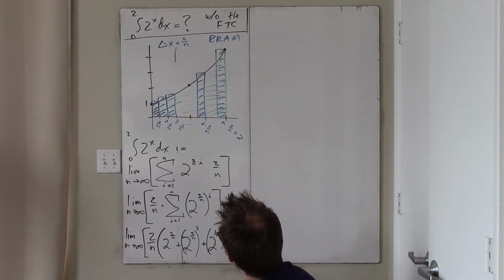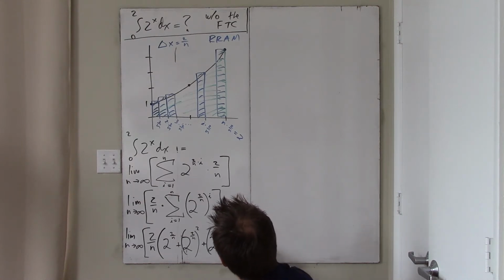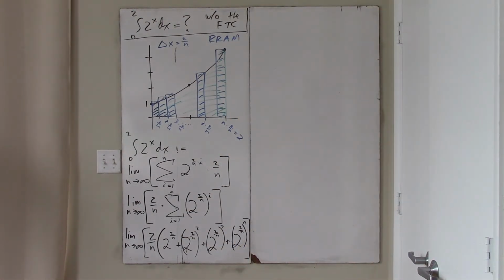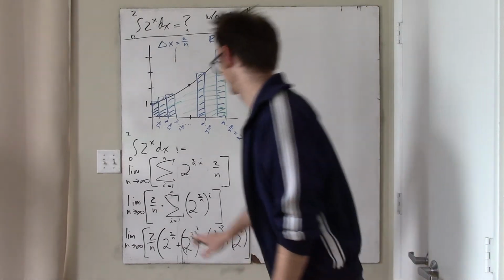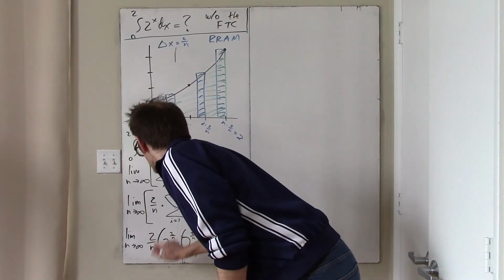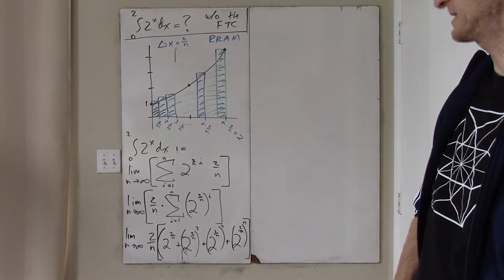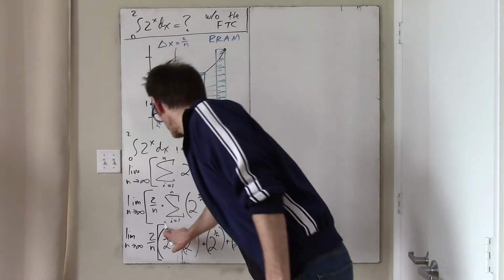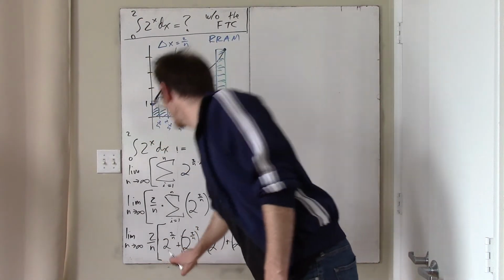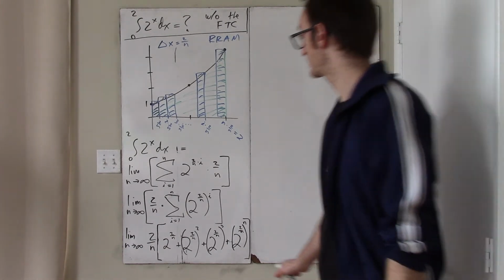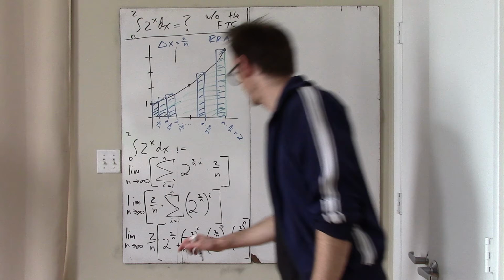And now I keep doing this until I get to 2 to the 2 over n to the n. And that is indeed all that stuff in parentheses. All that stuff in brackets is a geometric series, or the sum of the first n terms of a geometric series.